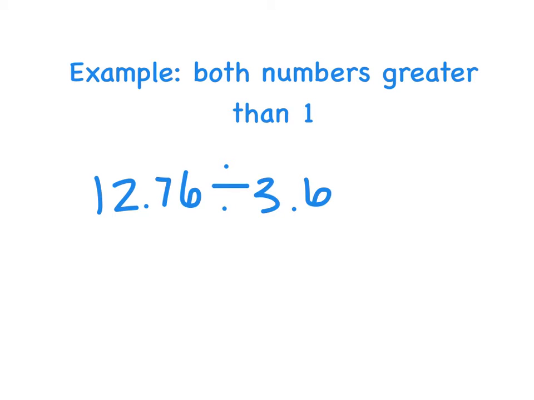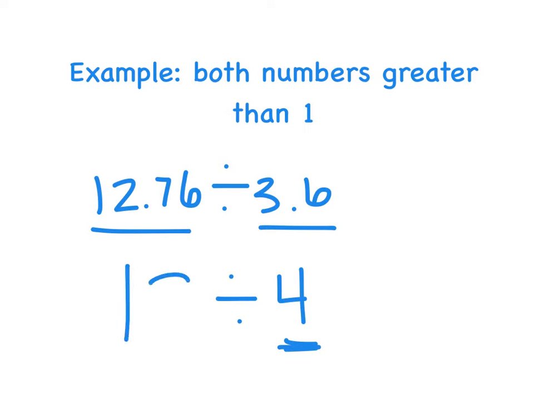And we talked about in the past, when you are estimating with division, always start with your second number. I'm going to change that to 4 since it's closest to 4. You could also choose 3 as well, or 5, and then I'll go back and change my dividend into something that this 4 can go into, which something that's close to 12.76 and that 4 can go into would be 12.